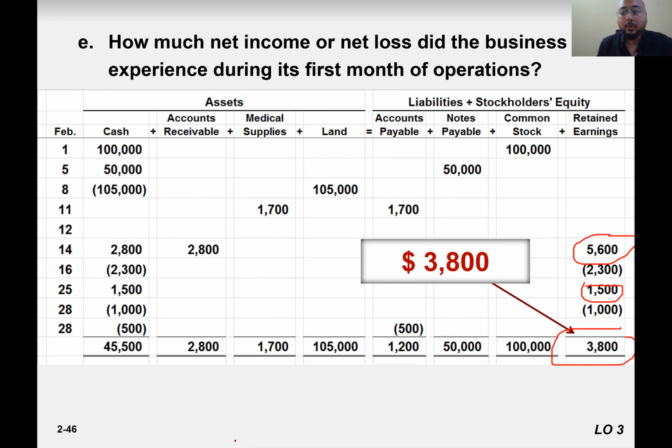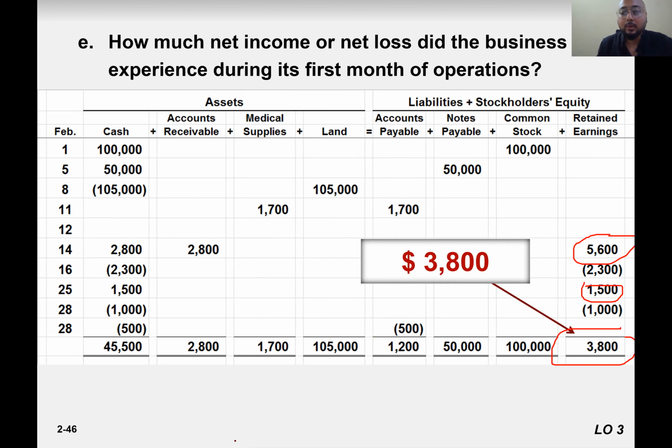So look at the formula for retained earnings. Retained earnings at the beginning plus net income minus dividend is your retained earnings ending. So do we pay dividend? No. Do we have retained earnings at the beginning?